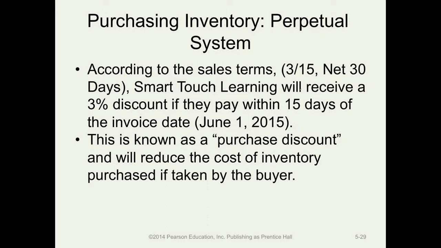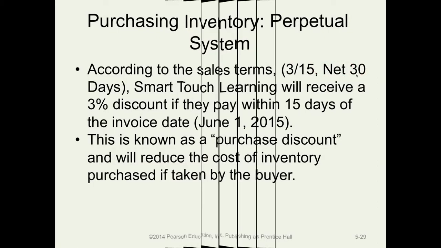So that's where the terminology comes in. This is a 3% discount if paid within 15 days. If not, the full amount is paid within 30 days. And this is known as a purchase discount, and it will reduce the cost of inventory purchased if it is taken. So it will be a reduction of inventory.